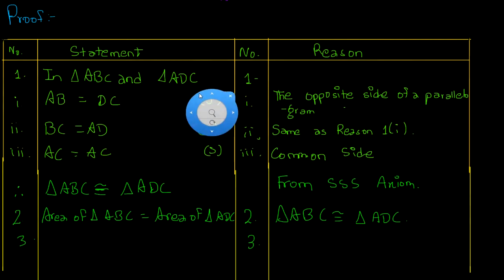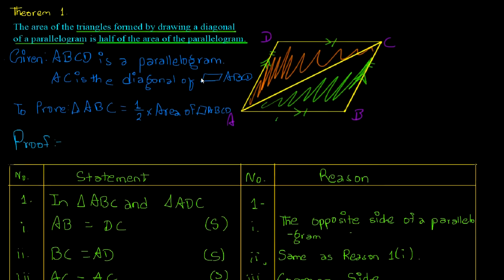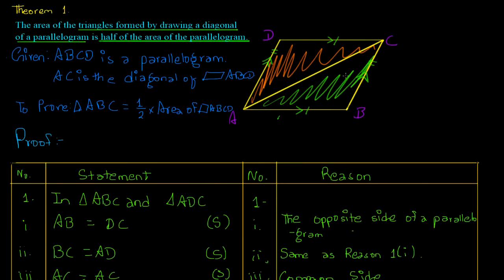We know that these two triangles come from the parallelogram. So if we add the triangle ABC and triangle ADC, then we get the area of the parallelogram ABCD.